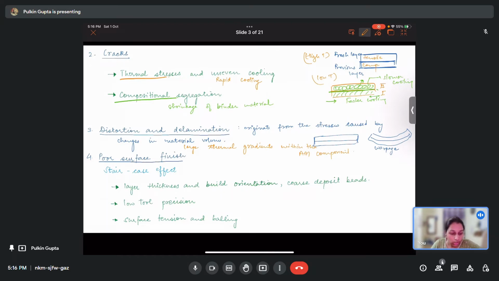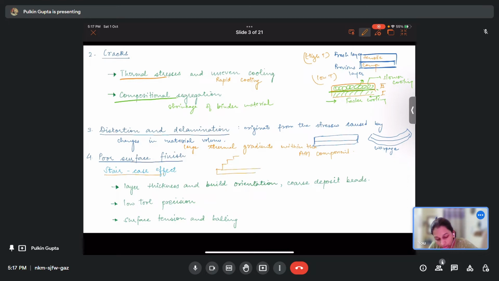Now another is poor surface finish. Poor surface finish originates from different factors such as the staircase effect. Like I had told you, because of the inclination in the geometries or object surfaces, when that object is discretized in the form of layers, the outer surface is formed in kind of stairs.